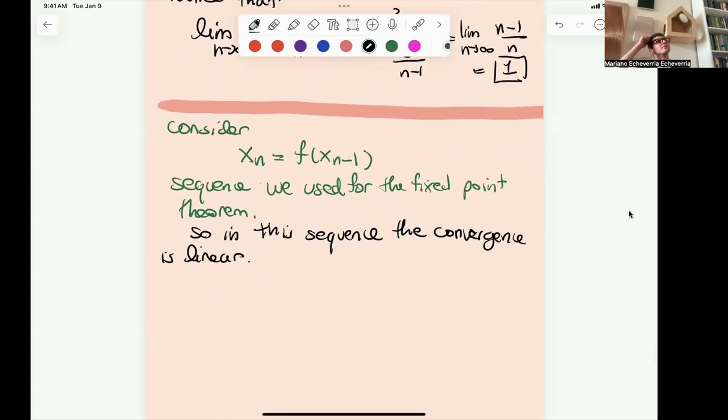So what does that mean? It means that you have to compute the ratio of the error terms.